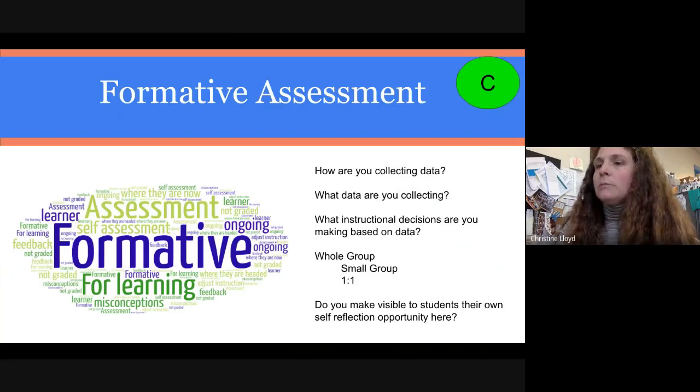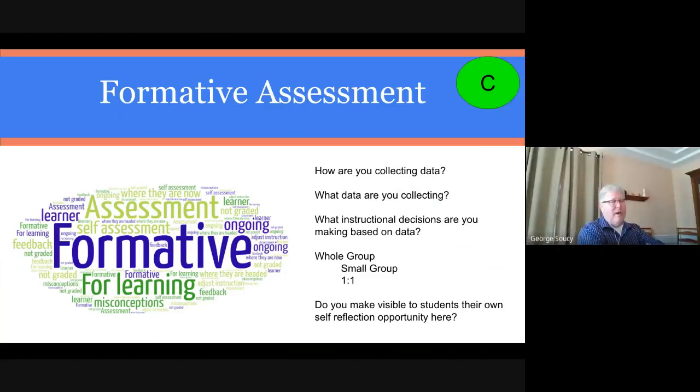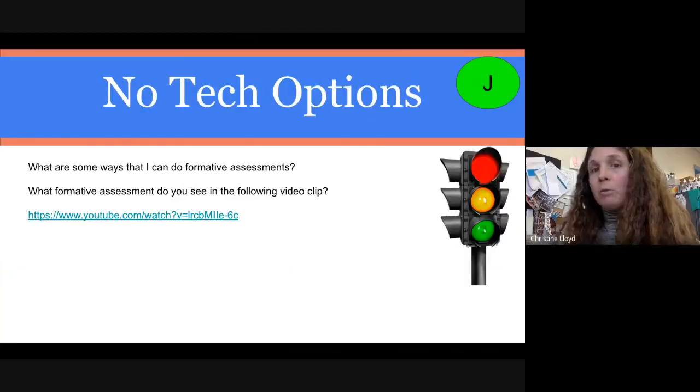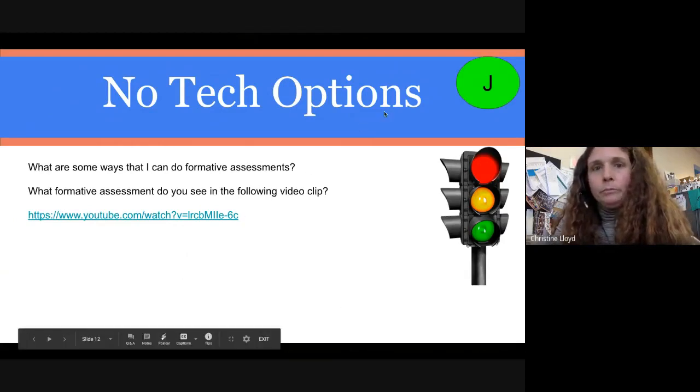Explain to me where you think you need more assistance, but honor that. If they're going to be reflective, I would honor that and see if they can explain to you where they think their misconceptions are. Remembering that it's not a grade, right? So if they want a little more information, let's give it to them.